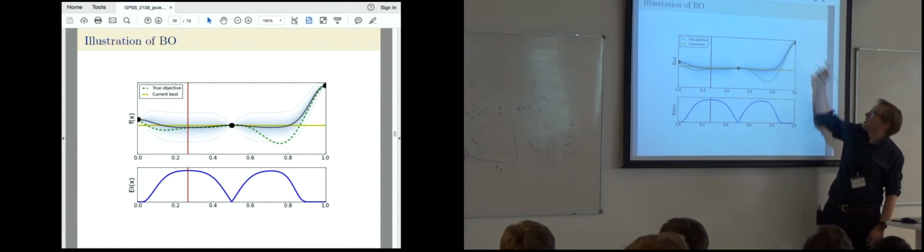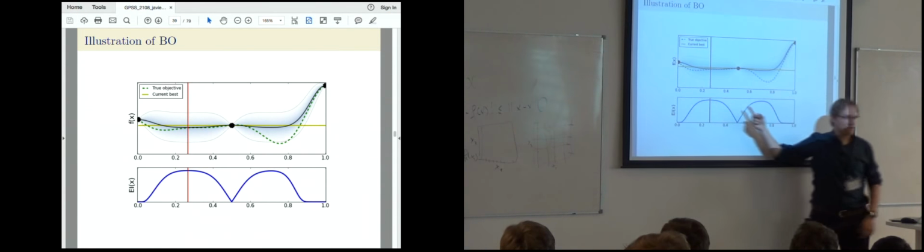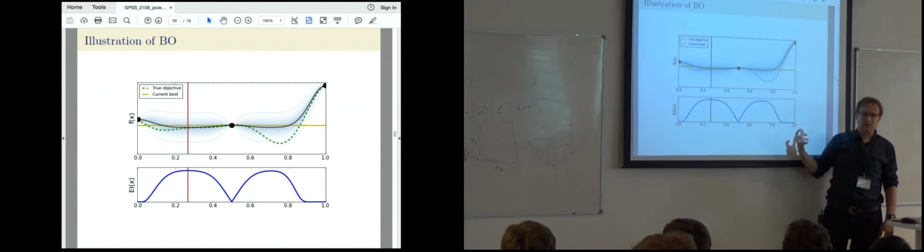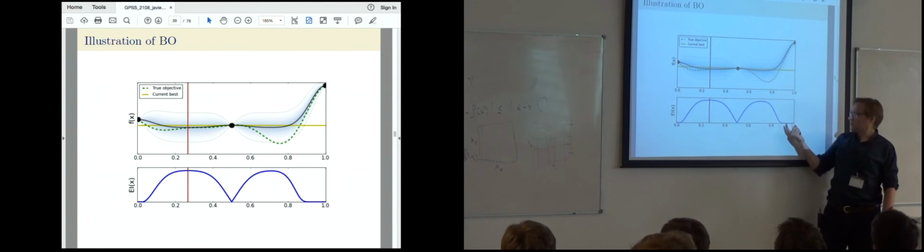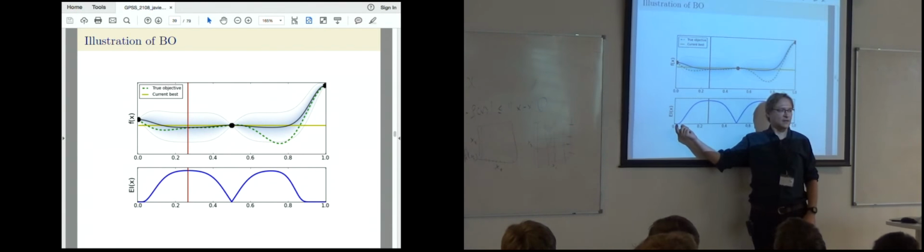Look, because this value is higher than this one, the acquisition function is detecting that, because you are making assumptions about the continuity of the function, the region that you discard here is larger than here, right?